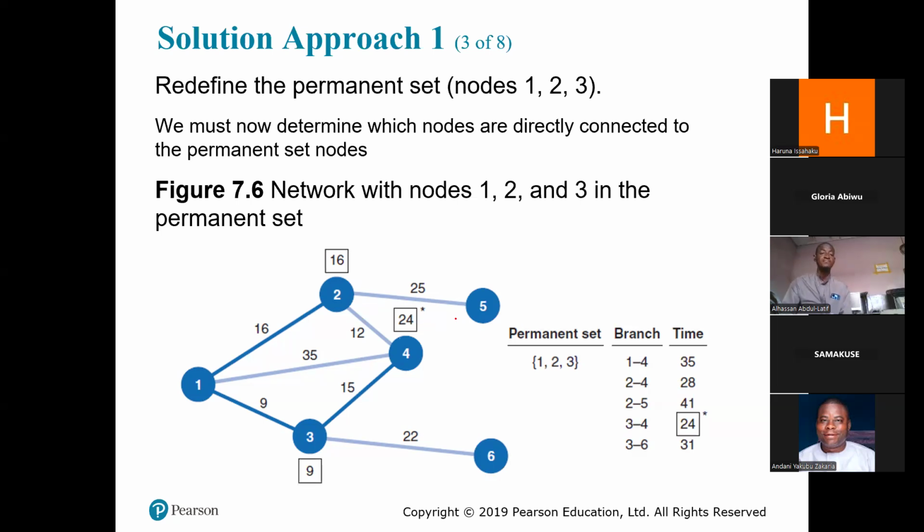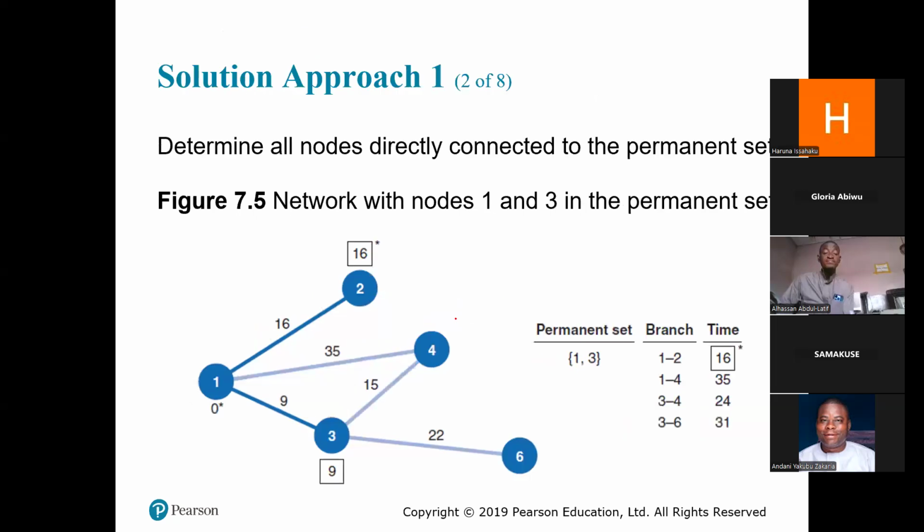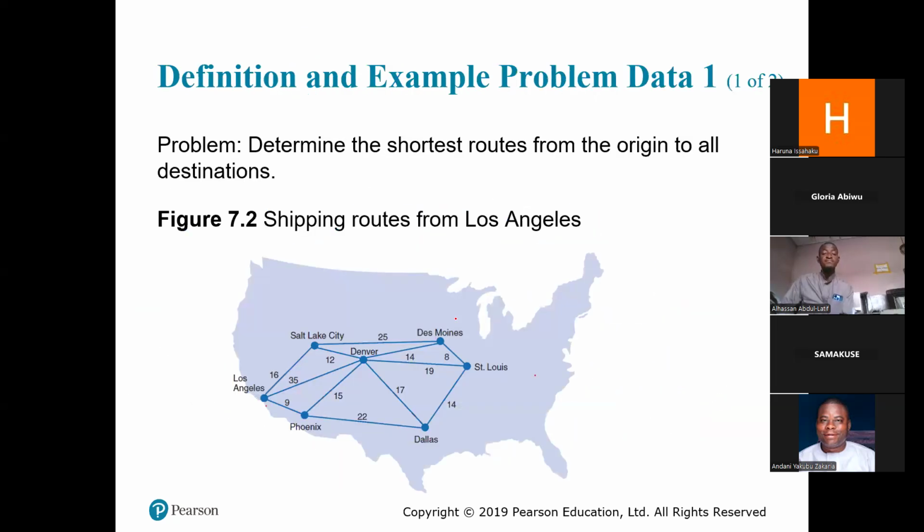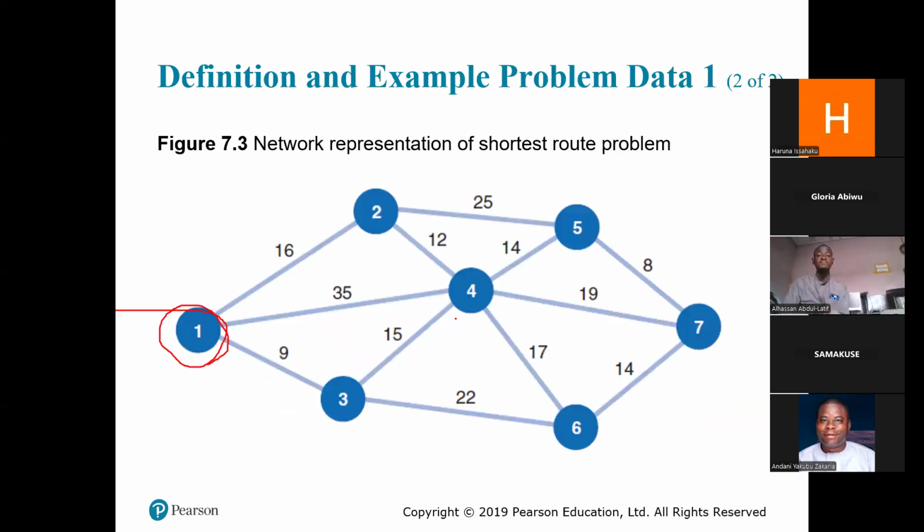So what we must now determine is which nodes are directly connected to the permanent set nodes. So all this analysis, we are doing it based on the original diagram. You see here, that's from here. Okay. So you are looking at which nodes are directly connected to 2, 1, and then 3.